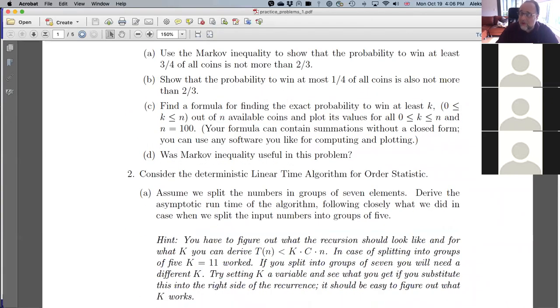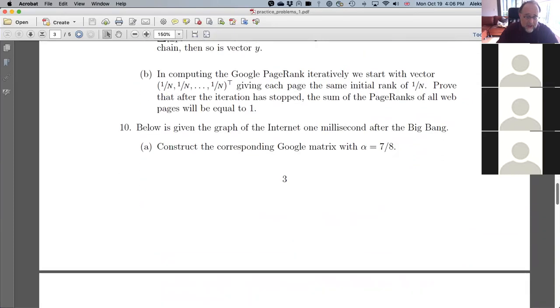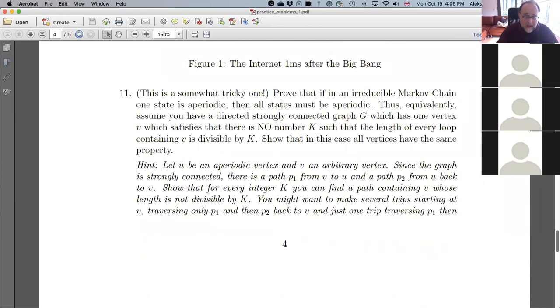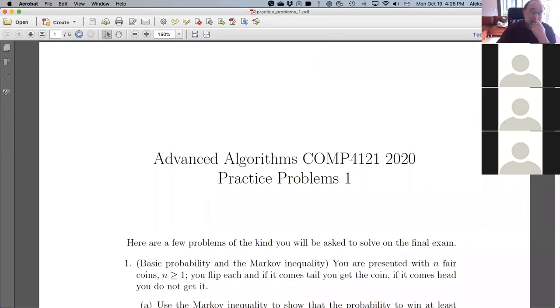So now you have 11 problems. They kind of comprehensively cover what we did so far.